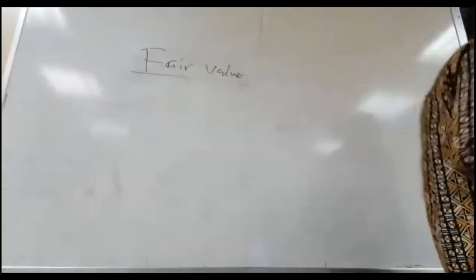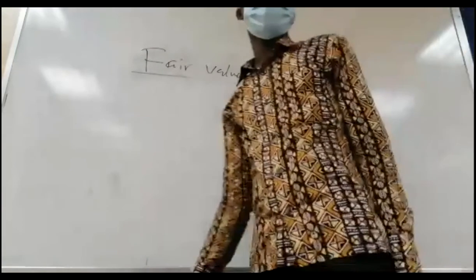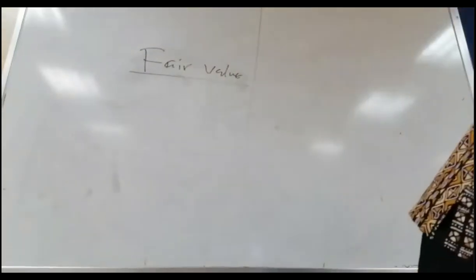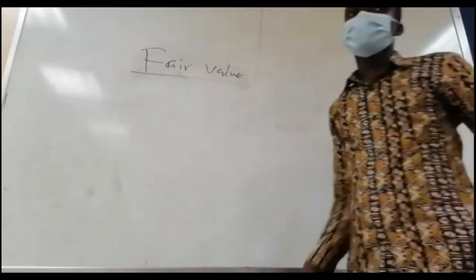So under the fair value model, one, the asset will not be depreciated. That's the first point you have to write. The asset will not be depreciated. First point. So under the fair value model, we don't depreciate the asset.